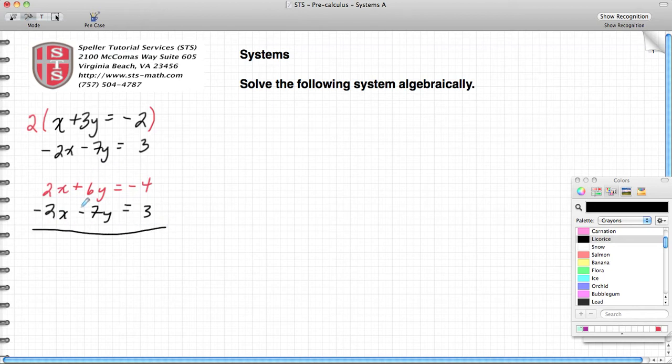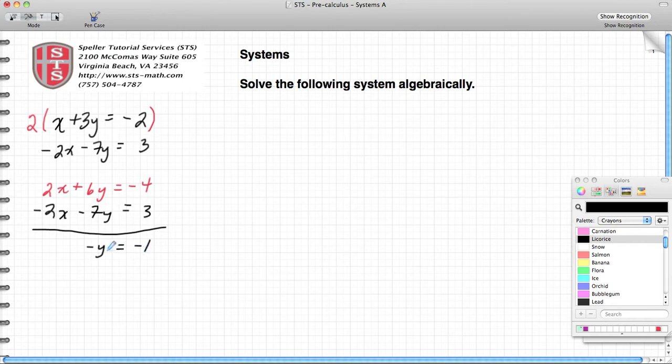Now I'm going to combine these two equations to get rid of my x term. So 2x minus 2x is going to leave me with 0. No need to write the 0 down here. Then I have 6y minus 7y, which leaves me with a negative y. And then negative 4 plus 3 leaves me with a negative 1.